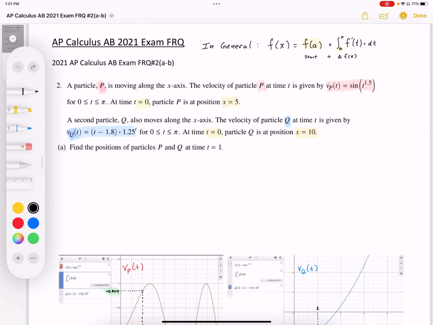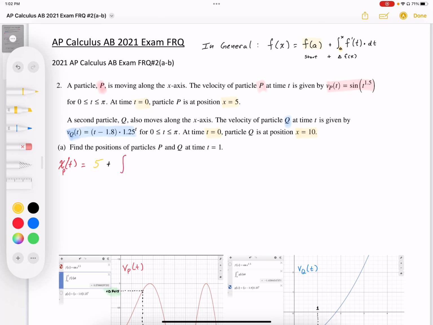So for part A, for P, I'm going to do this in red. We can say x of t, the position of particle P, is going to be equal to the starting point. In this case, the starting position is going to be x at 0. So that's going to be equal to 5 plus the displacement from that point.